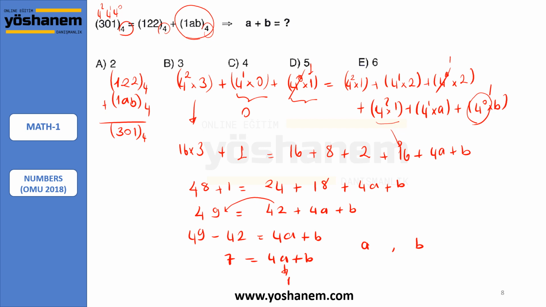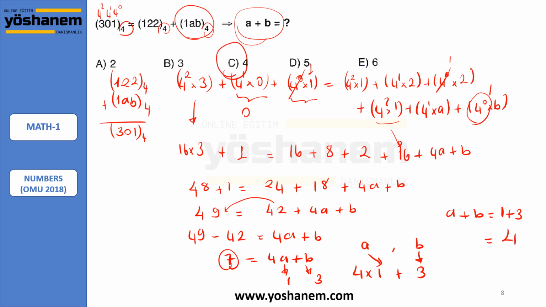So 4 times 1, so in order to have 7, I need 3. That's why b is 3 and a is 1. So it was asking the sum a plus b, which is 1 plus 3, and the answer is 4.